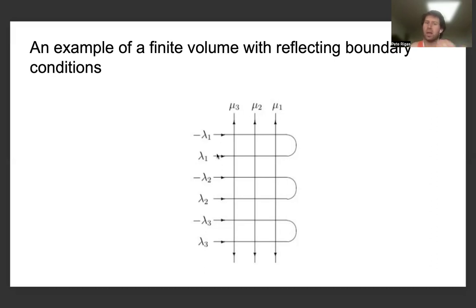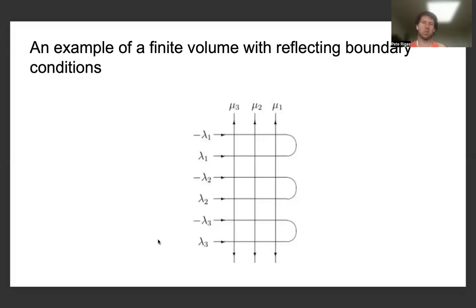So we reflect that opposite orientation by introducing an opposite sign on the spectral parameter lambda1 at this other part of this connected portion of the finite volume. And we can also do the same for lambda2 and lambda3.